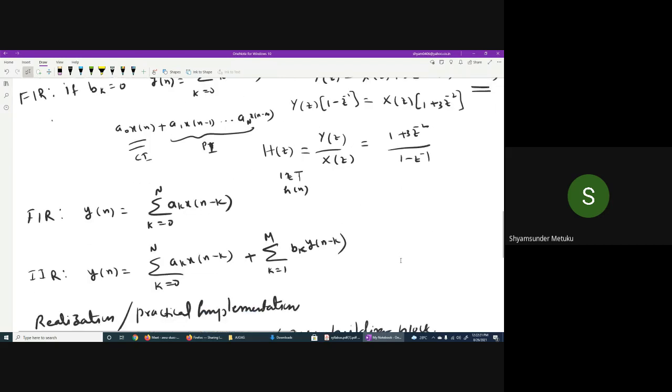Even though I did not discuss the inverse z-transform, by applying the inverse z-transform to H(z), you can calculate h(n).